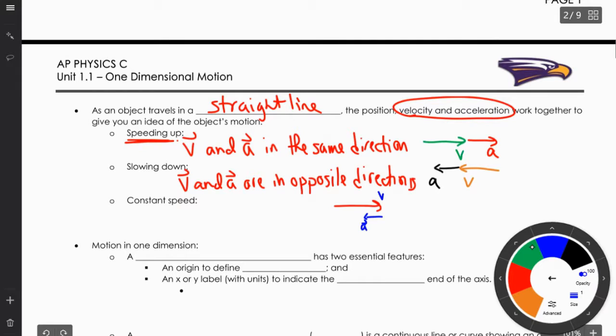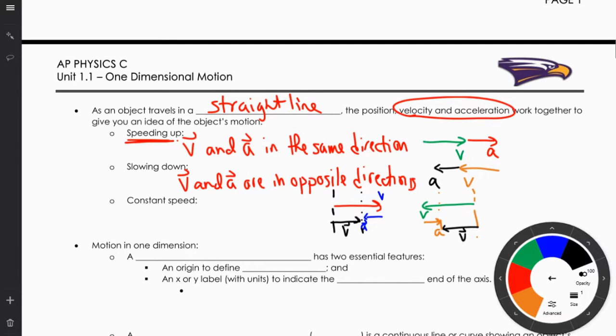This acceleration is going to chop off part of that velocity vector, causing that vector to be smaller. In the same sense, if I go to the left and I have an acceleration to the right, again, it's going to chop off that velocity vector and make it smaller. So this would be my new velocity vector. If I do the same thing here, it would be pointing to the right, and you can see the size of it is smaller.